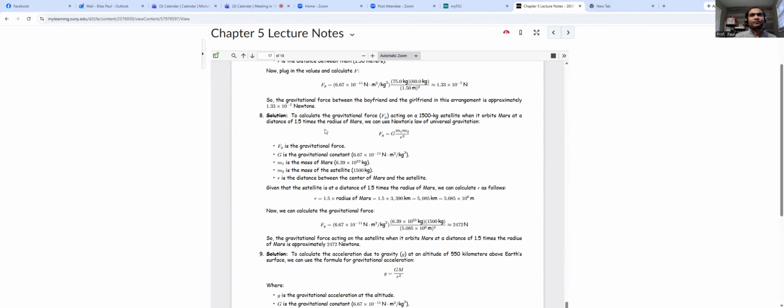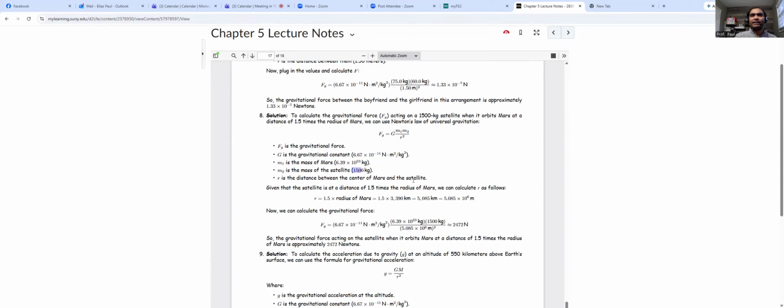This is the equation, right? Gravitational force, Newton's law of universal gravitation. G will be given in your list of equations. Planet mass is 6.39, the Mars mass is this one, and the satellite mass is 1500 kilogram.